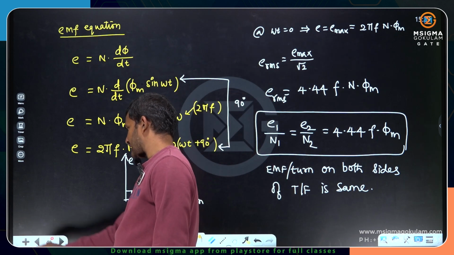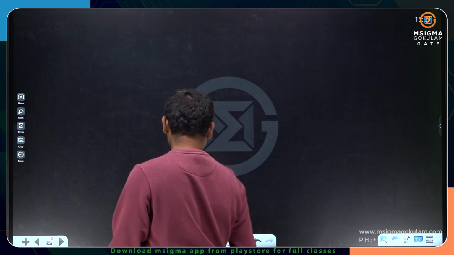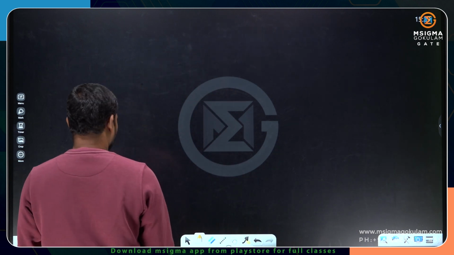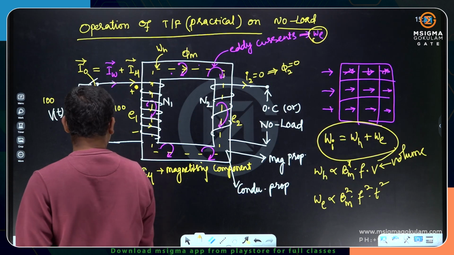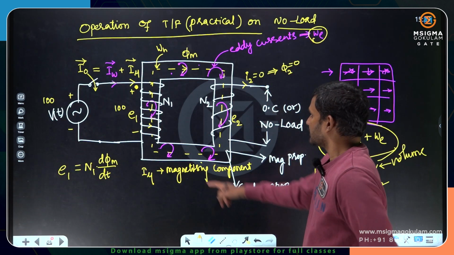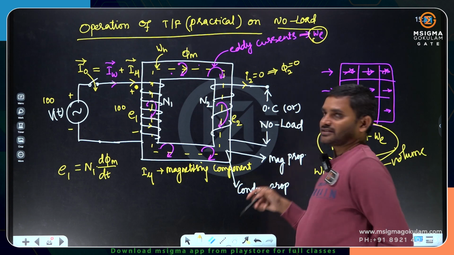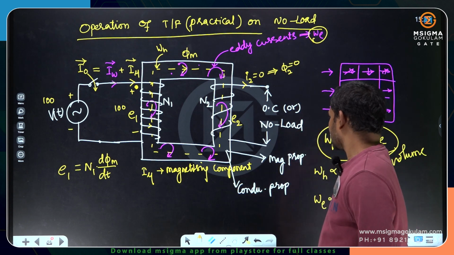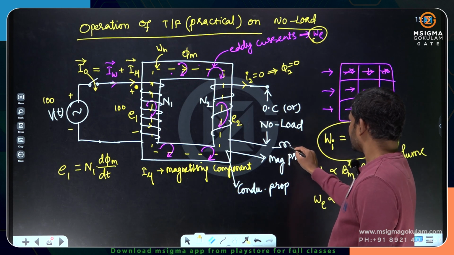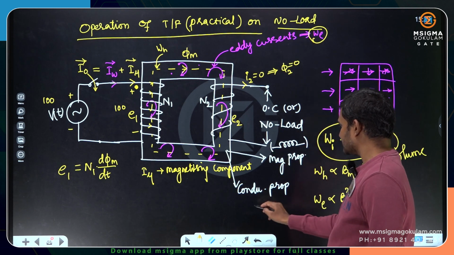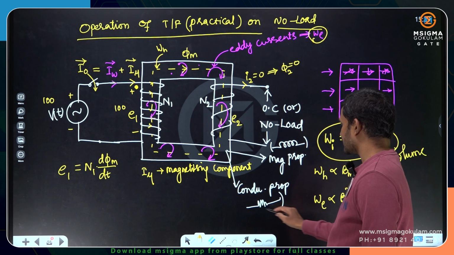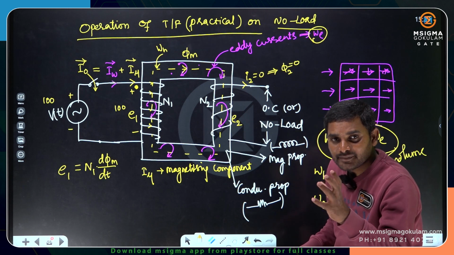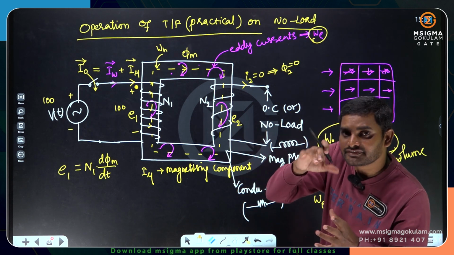The phasor diagram can be drawn like this. First I want to show you here, I said the core has two properties. One is a magnetic property, another is a conducting property. The magnetic property I can represent with an inductor, and the conducting property with a resistor. An inductor is an element which converts electrical energy into a magnetic field.